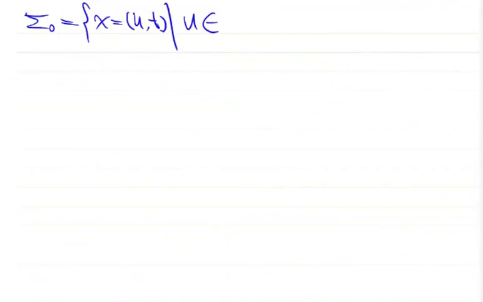Sigma 0 is the set of points of the form (u, t), where the u part belongs to the boundary of U, and the t part belongs to the interval of values between phi minus and phi plus.